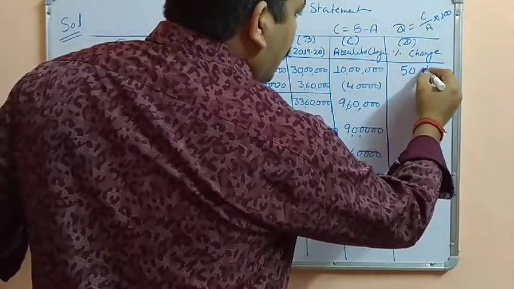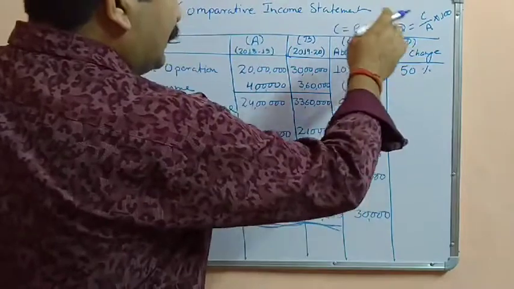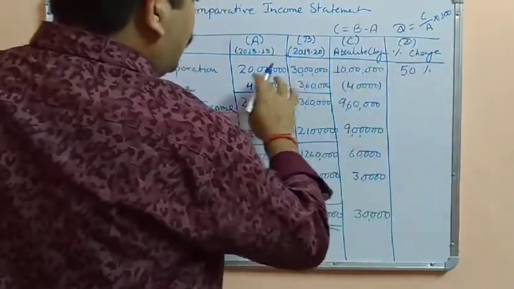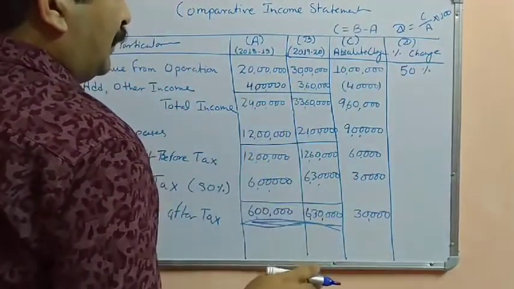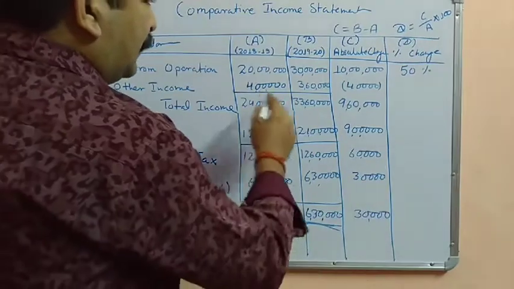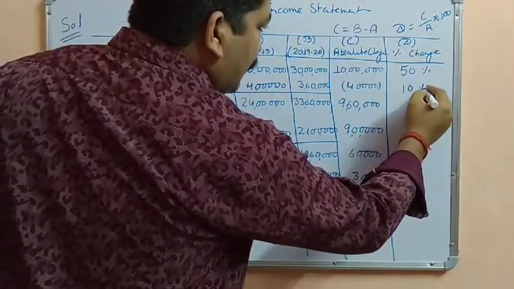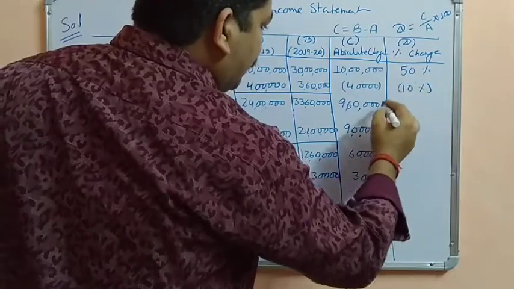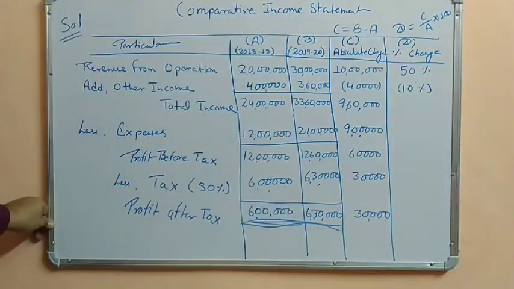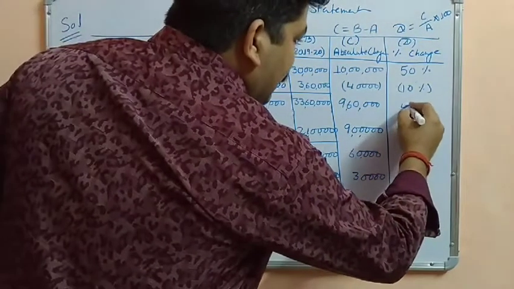Okay, how? 10 lakh divided by 20 lakh multiplied by 100. Then we will get 40%.